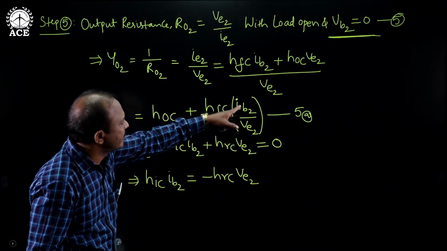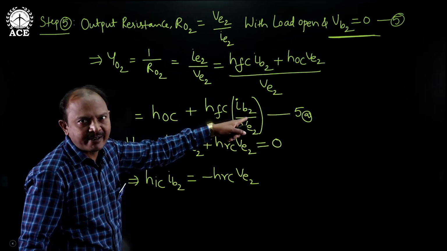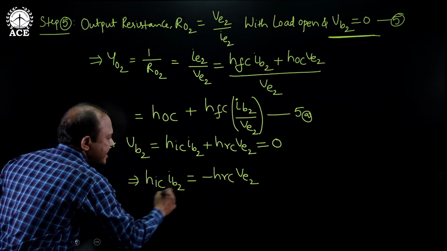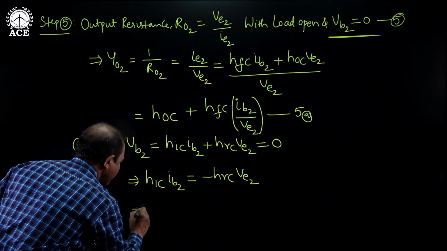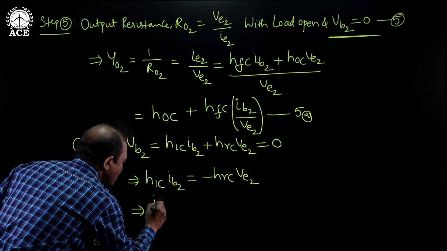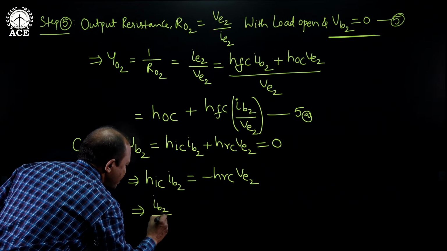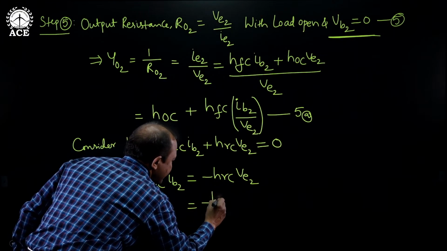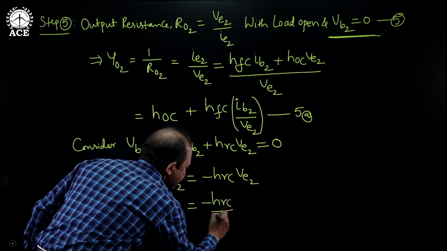What is the parameter actually we need? IB2 by VE2 is required. So transfer this VE2 to left hand side and take this HIC to right hand side. This gives us IB2 by VE2 equal to minus HRC by HIC.